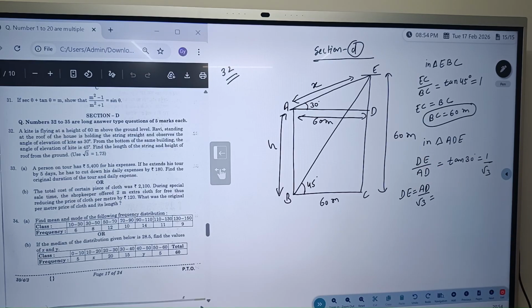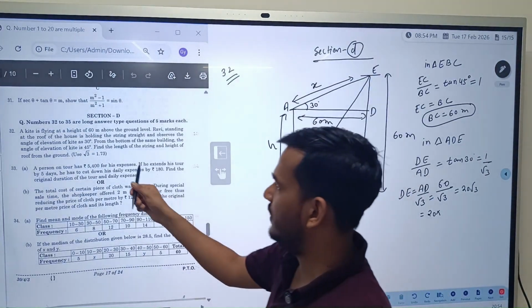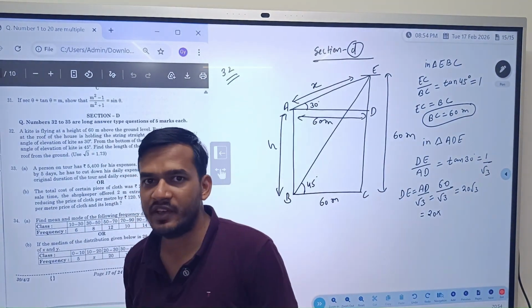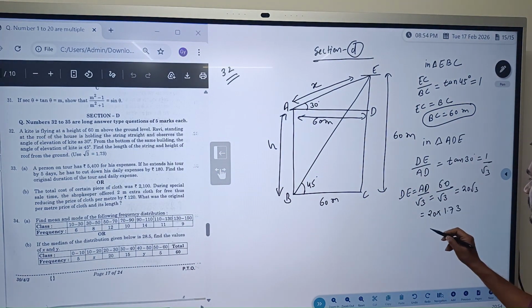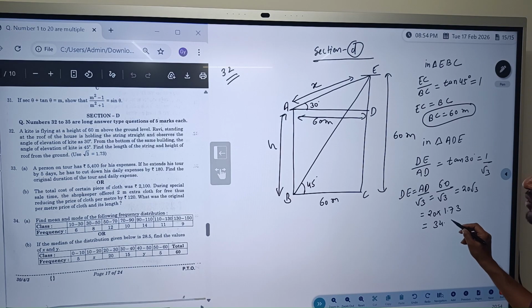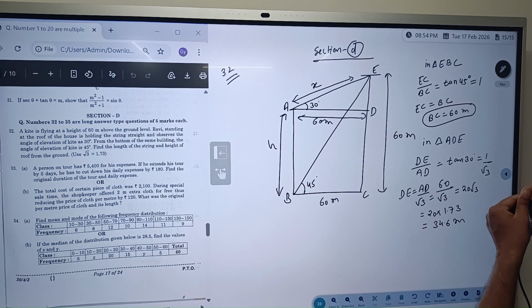AD is 60, so 60 upon root 3 becomes 20 root 3. Root 3 is given as 1.73 in the exam paper, so 20 into 1.73 is 34.6 meter, which is DE.